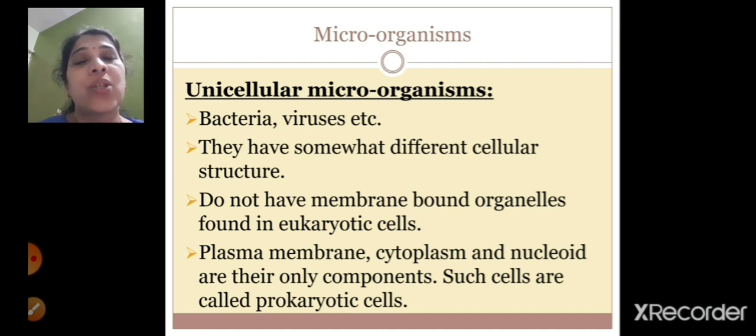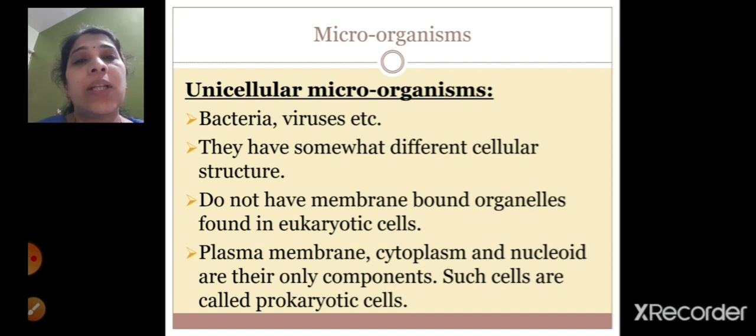I had told you children, eukaryotic cells means a nucleus is present in them. The nucleus has a double wall membrane, right? Then the plasma membrane, cytoplasm and nucleoid are their only components. Such cells are called prokaryotic cells. So these prokaryotic cells are the unicellular microorganisms, as they contain only plasma membrane, cytoplasm and nucleoid.